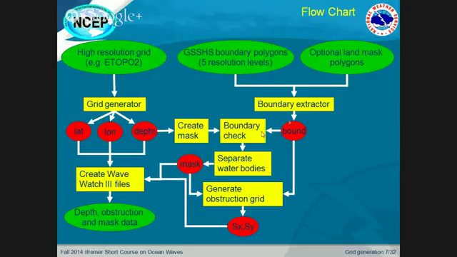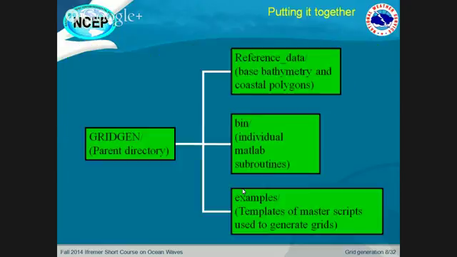The boundary will be used to define the blocking from the small islands. This is all explained in detail; there are a couple of papers by Arun Chawla about that. The result of this is, in the end, the bathymetry file, the masking file for the land and sea, and then the obstructions SX and SY for the subgrid islands. So at the end, you get these three files: depths, mask, and subgrid islands.